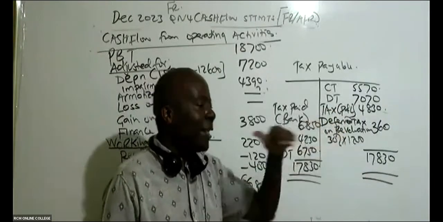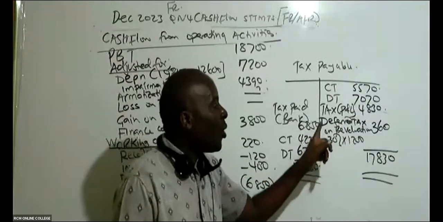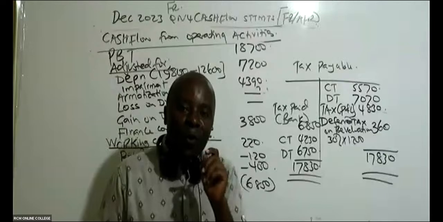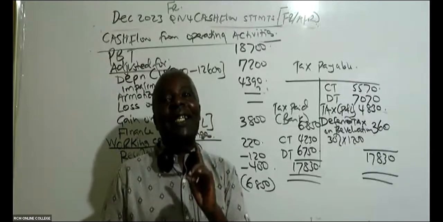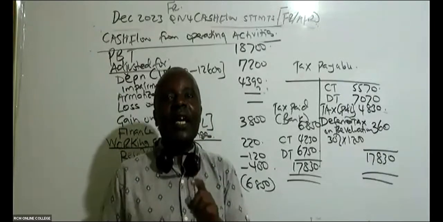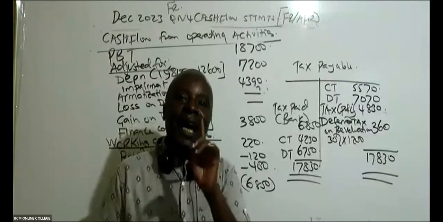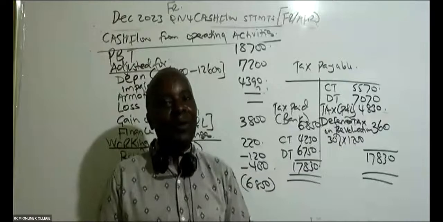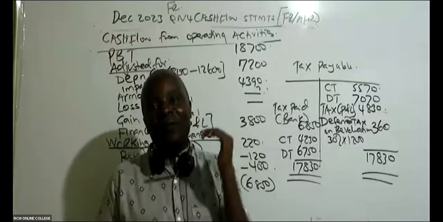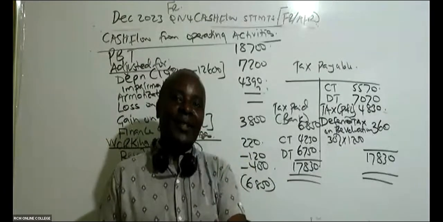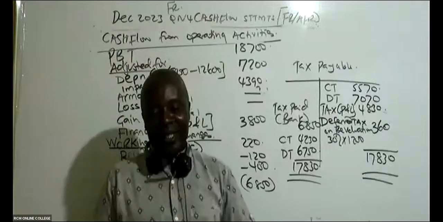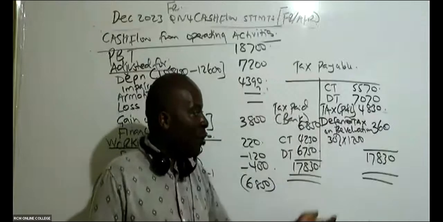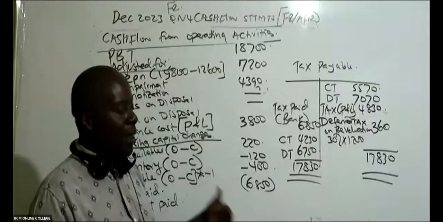And number two, about 80% of students will not remember the impact of revaluation on the deferred tax. Very few remember IAS 12 Income Taxes. The problem with CASNEB students is they don't invest in knowing standards. But I believe with this explanation, when I do one more question, you will be comfortable.